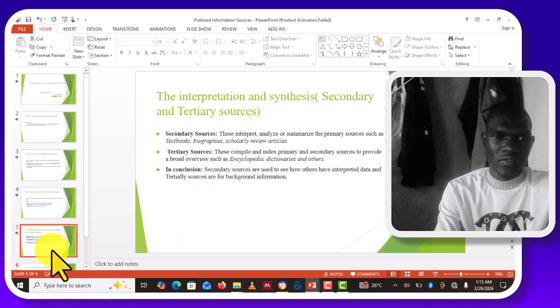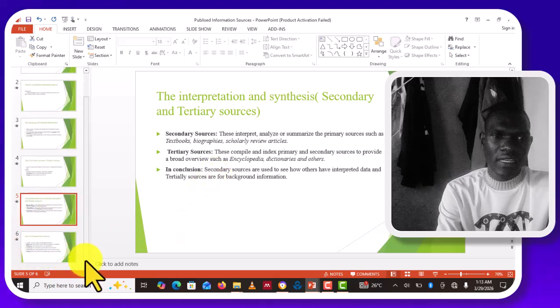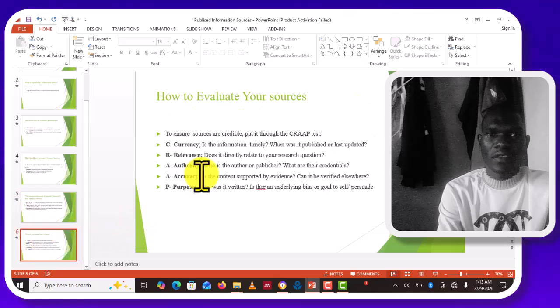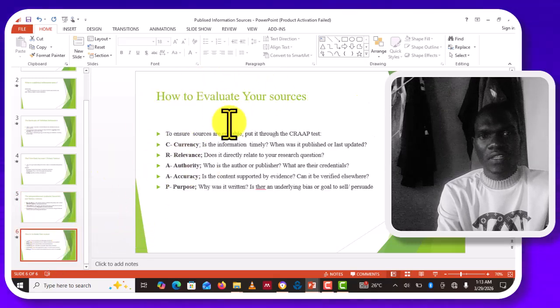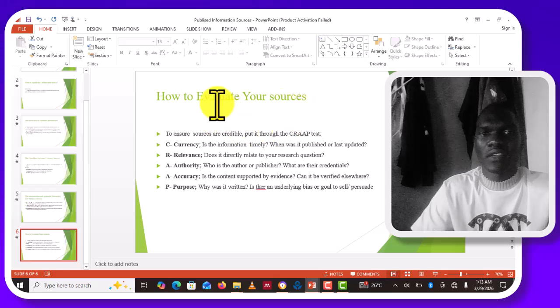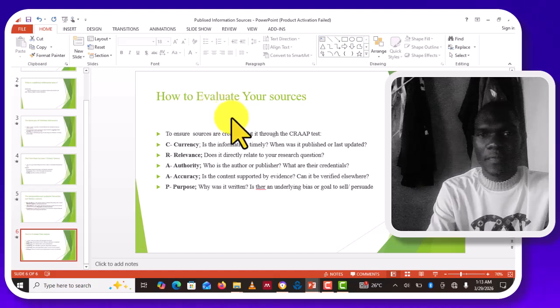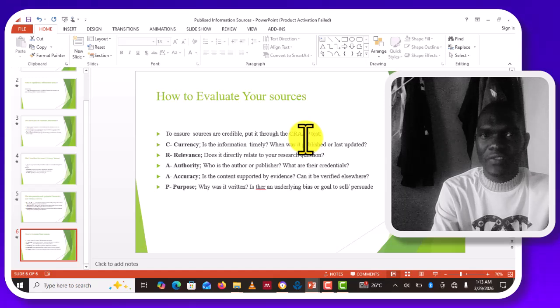So let's go to the 6th slide, and that's the last slide. It is about how we can evaluate your sources. To ensure sources are credible, put them through the CRAP test. This CRAP is an abbreviation of how you can evaluate your sources.